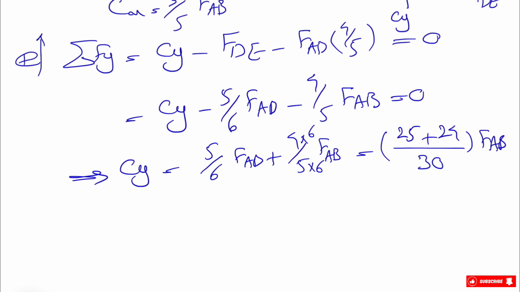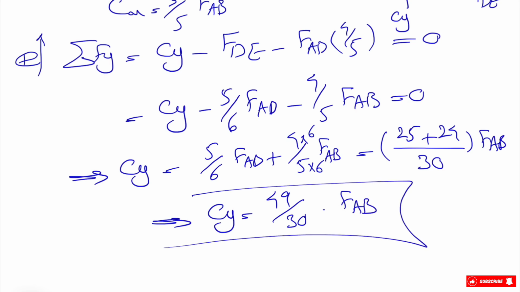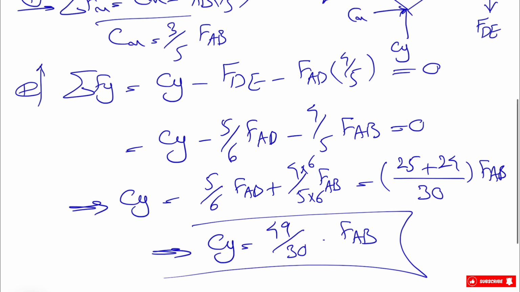So our CY will be 49/30 times FAB. So we found CX and CY based on FAB.